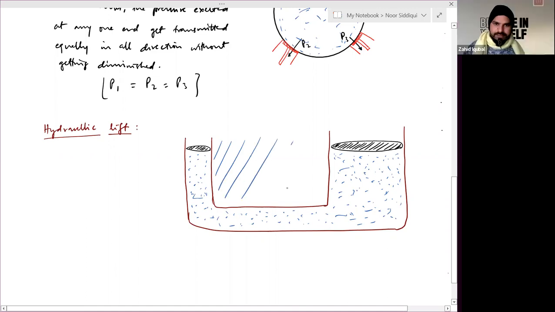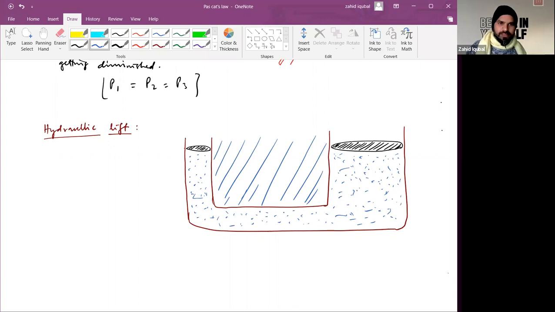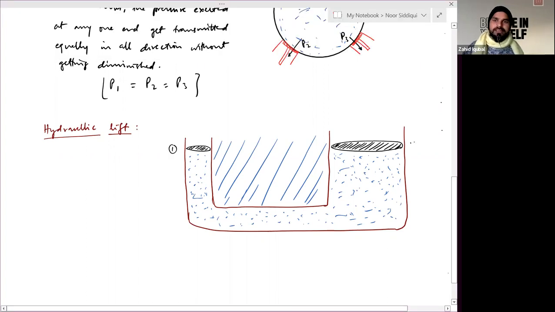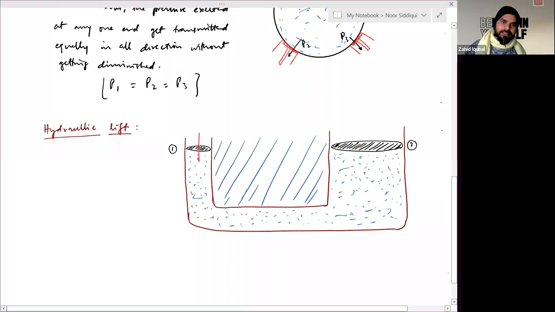Let's say this is an arrangement in which there is incompressible liquid filled in this entire system. And we have two pistons, one at this point and another at this point, having different cross-section areas. Now, if a force F1 is applied over area of cross-section A1, pressure at first point will be force divided by area of cross-section. Let's say this is equation first.